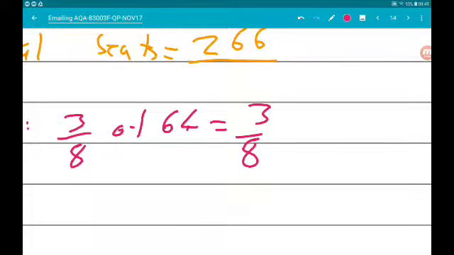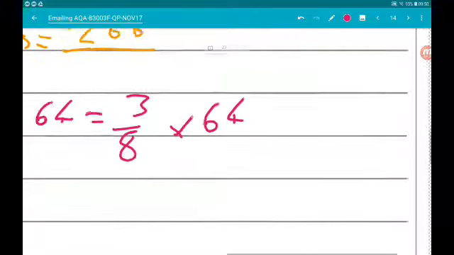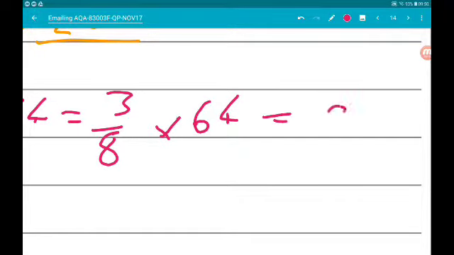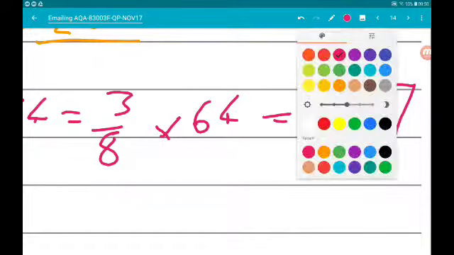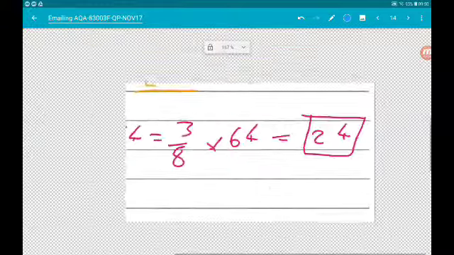Now when the fraction's in, make sure you press right on the cursor to get out of the fraction, and then multiply by 64. Now for that, you will get 24. So 24 seats in first class are being used.